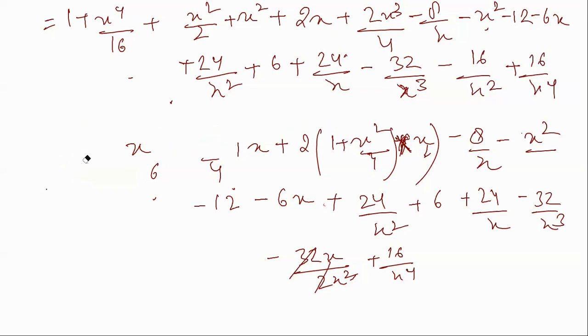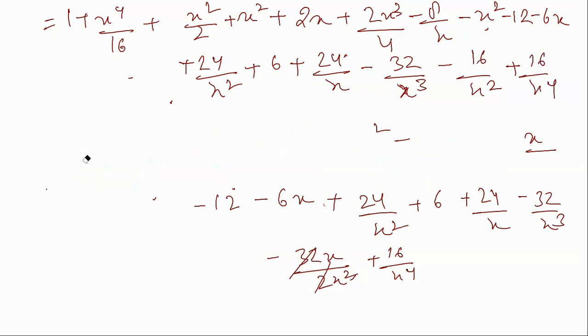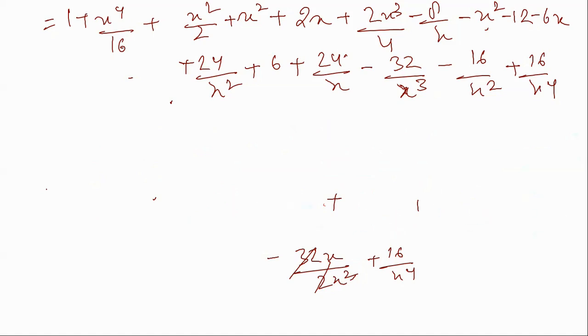Okay. Now let's solve the like terms that you have. Okay. So 1, any other single value, 12 and 6. So 1 minus 12 is minus 11 and minus 11 plus 6.